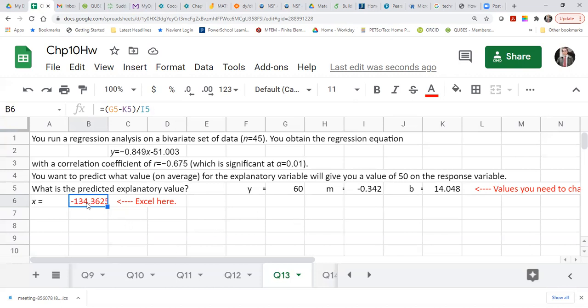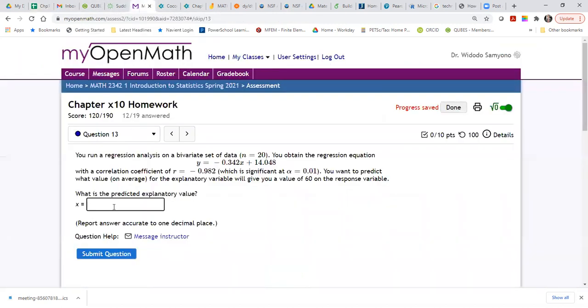So this will be the answer for the x. And you need to round up to one decimal. So this will be 4, right? Oh, yes.